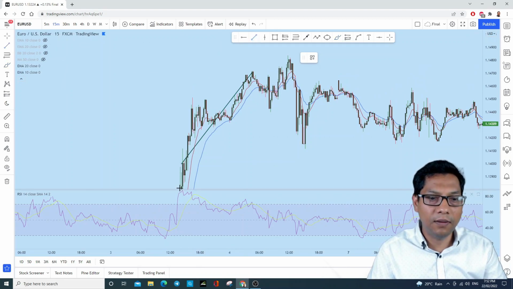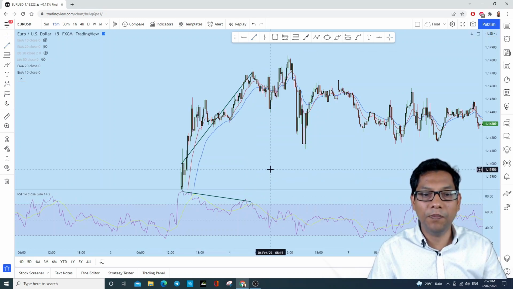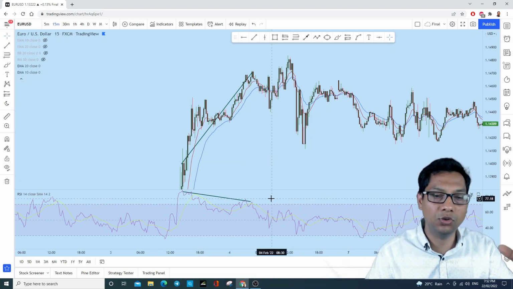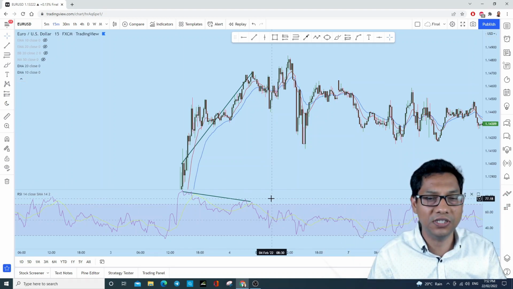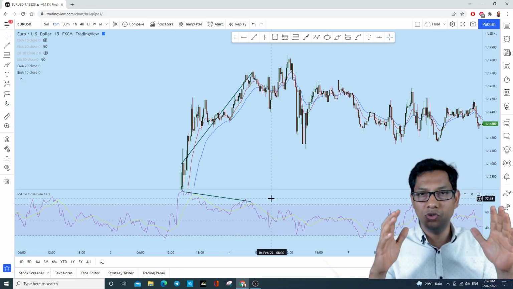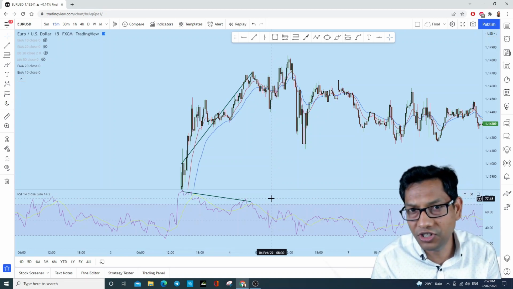Let's connect both lines on the momentum indicator as well. So what you see, the price basically created a higher high while the indicator created a lower high. So we see a clear divergence between the price and the indicator. So this is what we call an RSI divergence.